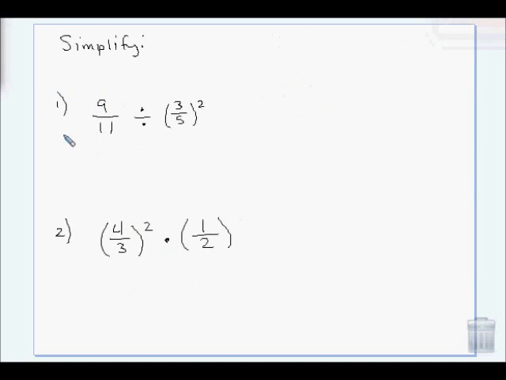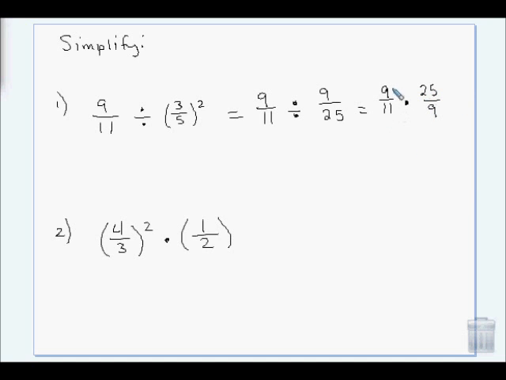Okay, so we're going to simplify here. I need to square first. If I'm squaring 3/5, I square the top and I square the bottom. Then I need to change this division into multiplication, so I copy, dot, flip.